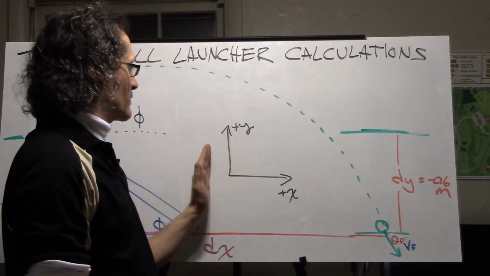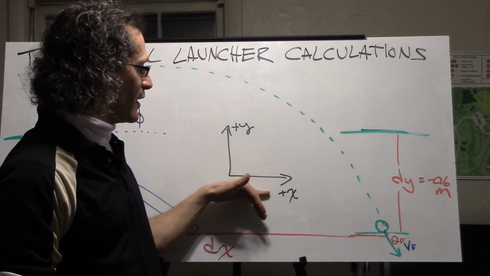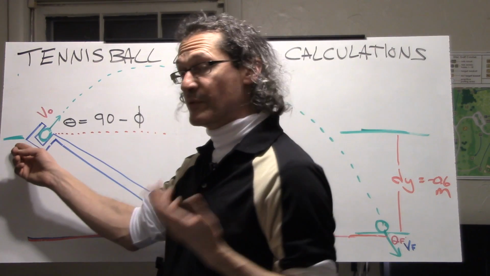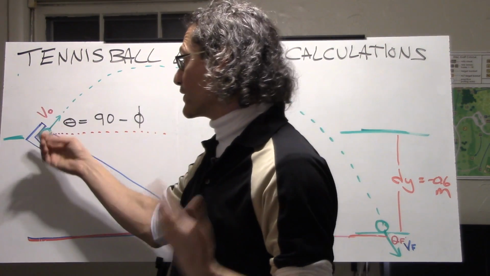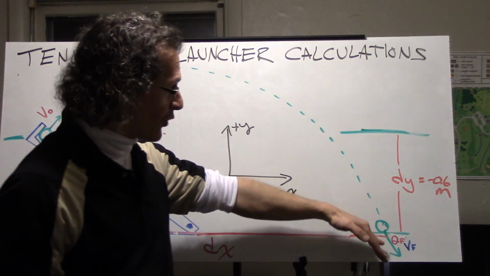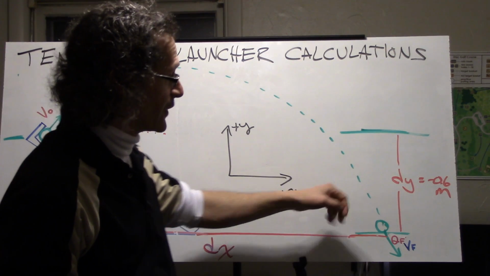And we have a coordinate system that says the positive y direction is up, the positive x direction is to the right. If we start with our launch point as our origin, we know it goes in the air and it's actually going to land on the floor, which is below the origin in terms of the y direction.